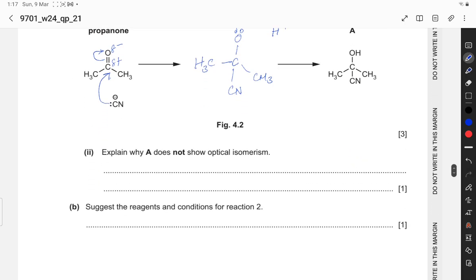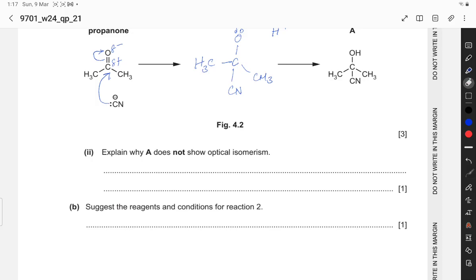Explain why A does not show optical isomerism. So this is a carbon, and a chiral carbon is the carbon which is surrounded by four different groups, but this is not a chiral carbon because this carbon is surrounded by two CH3, two methyl groups. So A does not show optical isomerism.